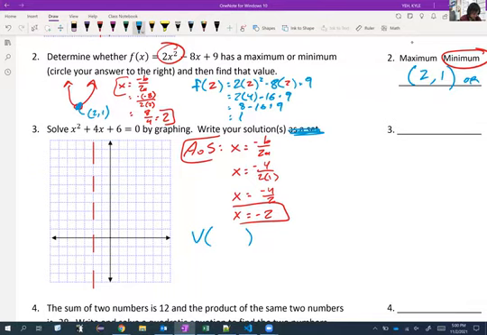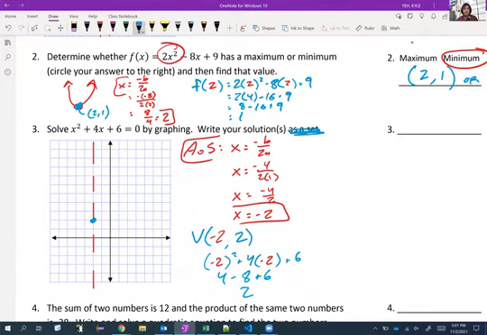Vertex is at negative 2, comma something. Let's plug it in. If I plug in negative 2 squared plus 4 times negative 2 plus 6, I will get the y coordinate at the x coordinate, negative 2. So that'd be 4 minus 8 plus 6, which is 2.